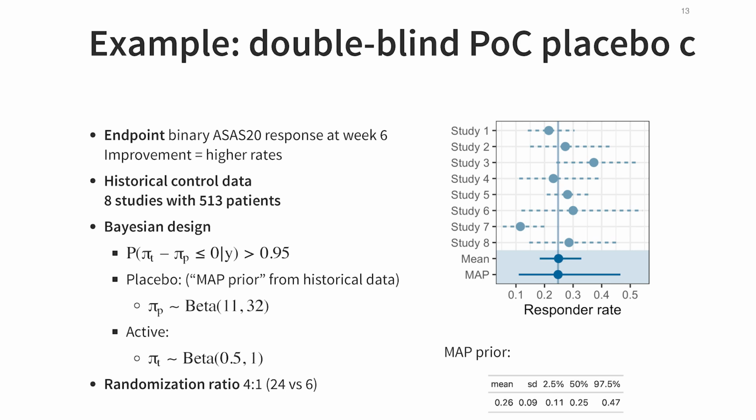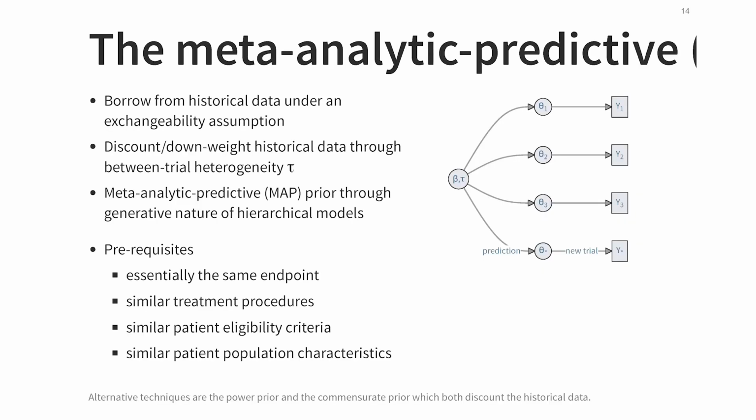Okay, so what is now the meta-analytic predictive MAP prior? This approach was introduced by Beat Neuenschwander in 2010, a former Novartis colleague of mine. And the idea is that you want to borrow from historical data under an exchangeability assumption. So you see here maybe 3 different historical data items, capital Y, 1, 2, and 3.